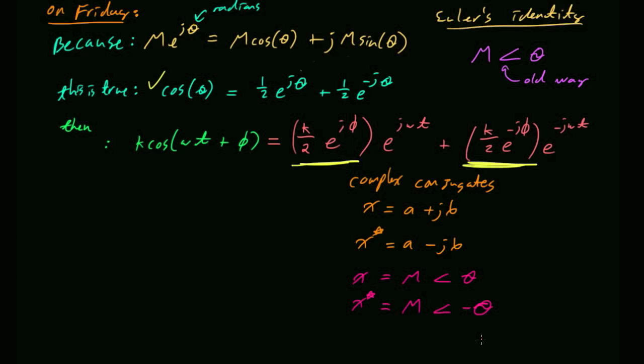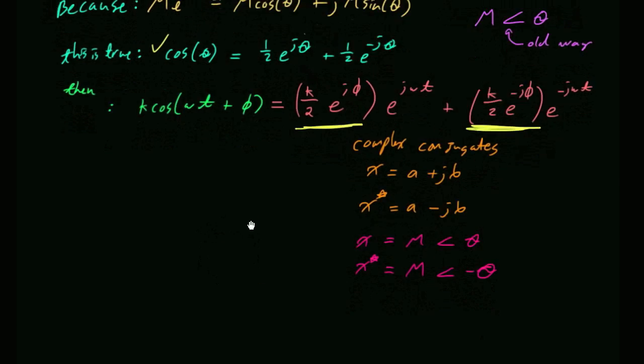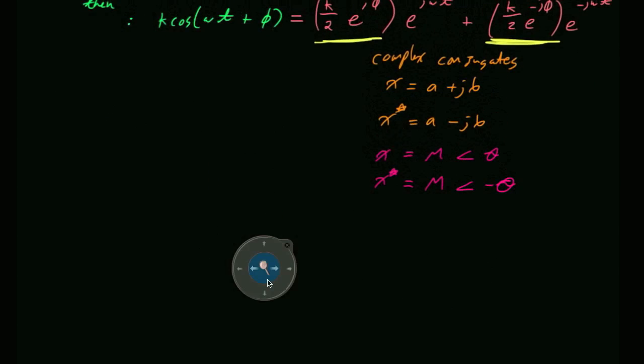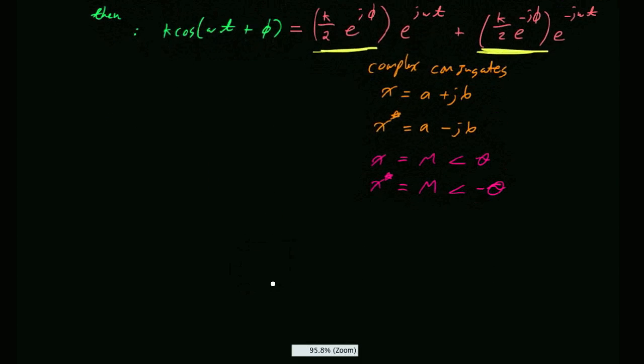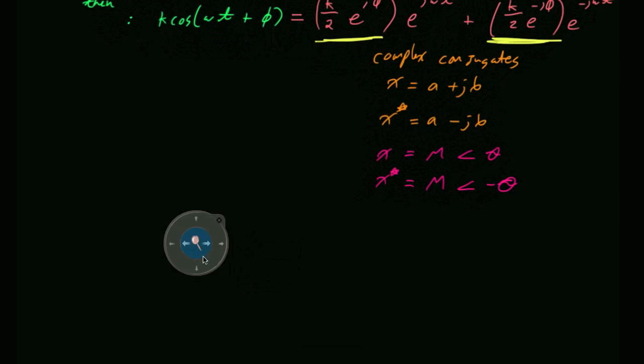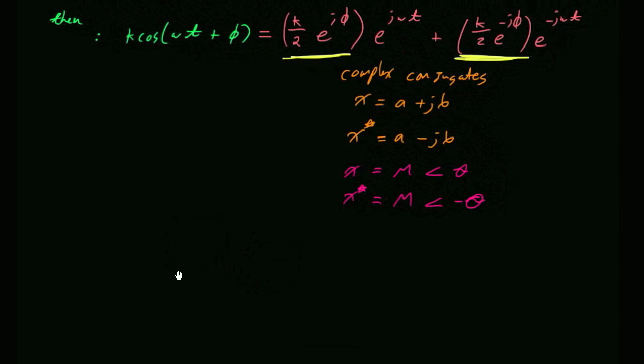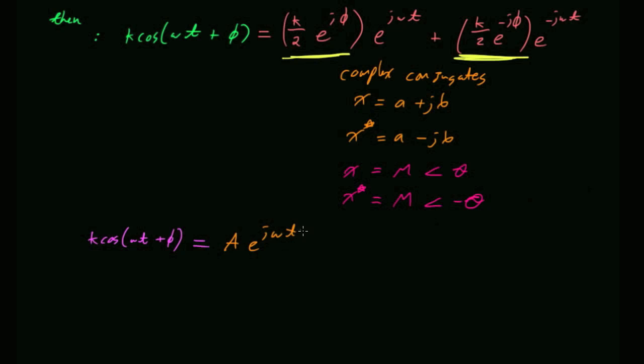So putting it all together, I'm going to say that k cosine omega t plus phi equals a e to the j omega t plus a conjugate e to the minus j omega t, where a is defined as, what's my definition for a?